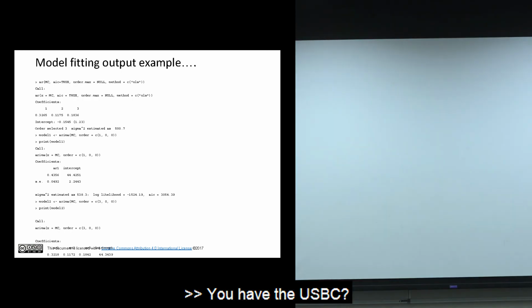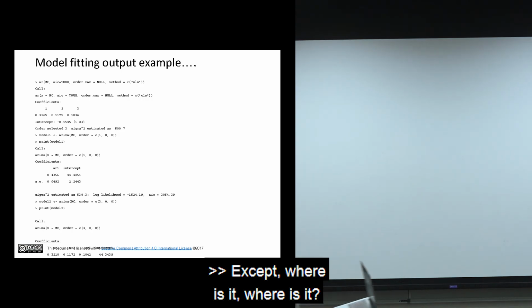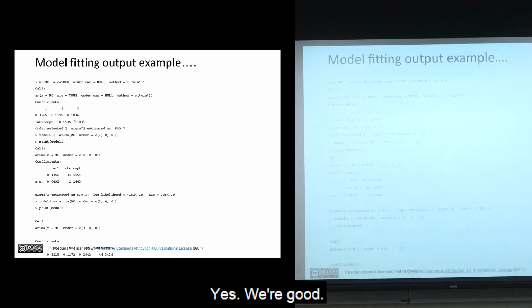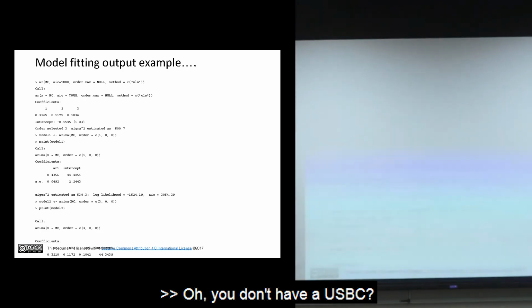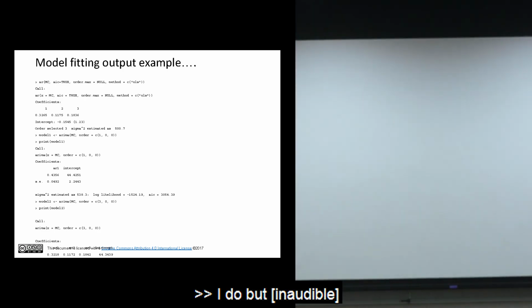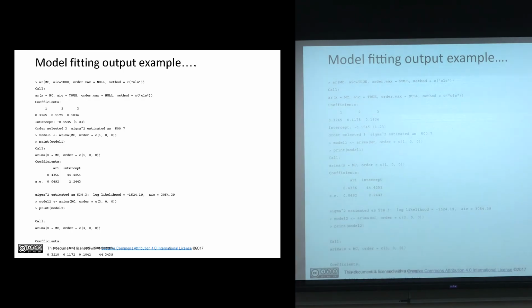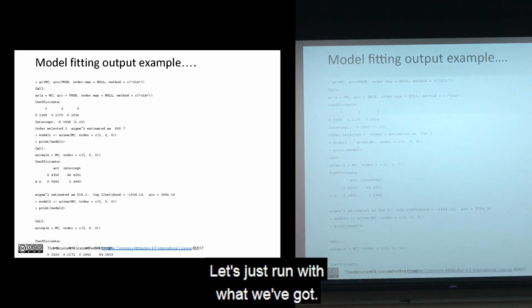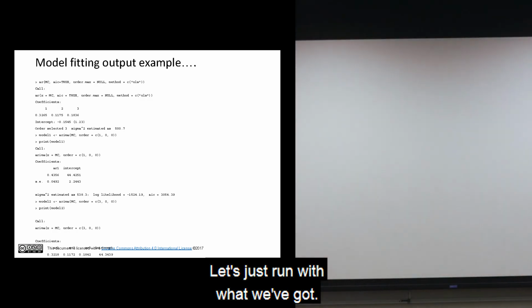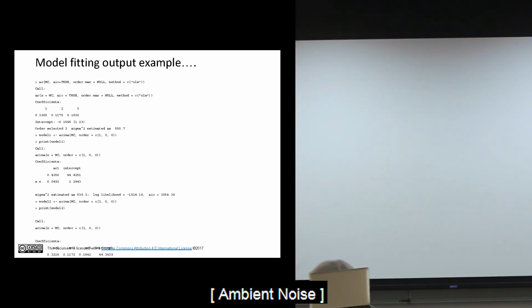You have USB-C on that? I have an HDMI. Oh, that's Thunderbolt. Sorry, Dr. Britt. That's okay. We'll work with what we have here. Let's just run with what we have.